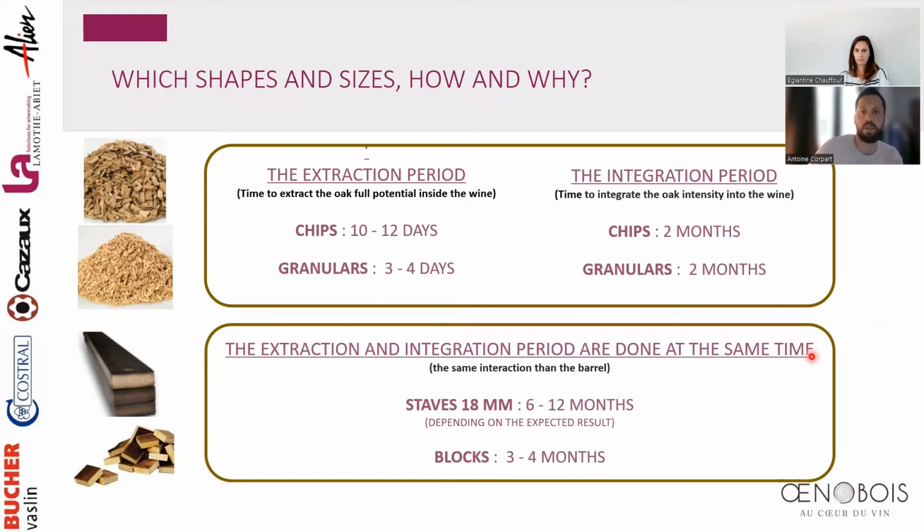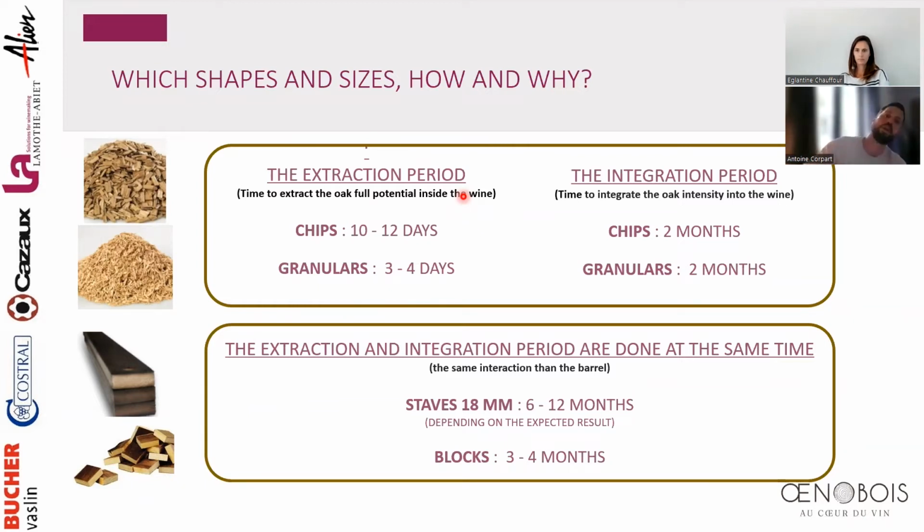So when you work with chips or granular, it's important to know that there are 2 periods. First, the extraction period. It's the time to extract the oak's full potential inside the wine.